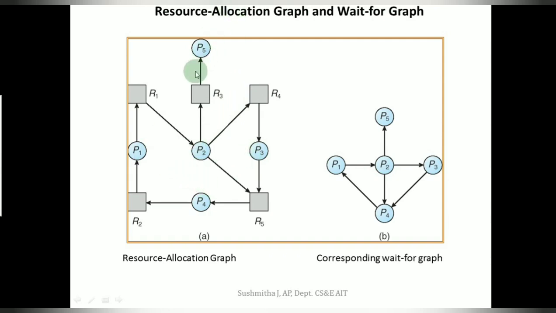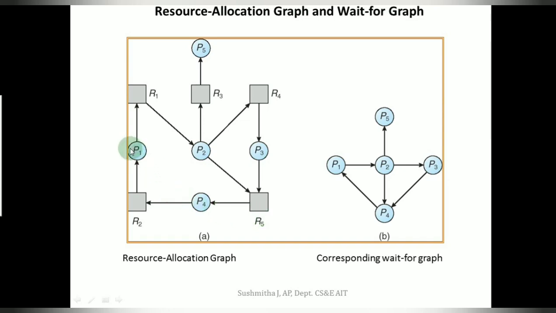Now we have 5 processes, P1, P2, P3, P4, P5, and we have 5 resources. I have told you earlier also, because it is a single instance, we are representing only a square. You can see nothing inside this. Clear? So we have 5 resources, R1, R2, R3, R4 and R5.